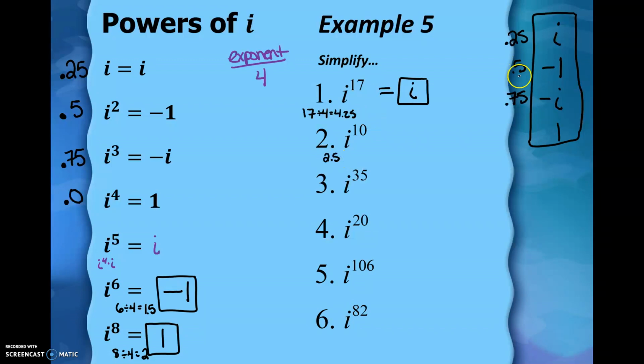A decimal that ends in 0.5, our answer is -1. Pause the video, try numbers 3, 4, 5, and 6 on your own, and actually I'm going to add number 7. Let's do i to the 87th. Try that one on your own as well. So pause the video, try these problems. When you play the video again, then you can check your answer.